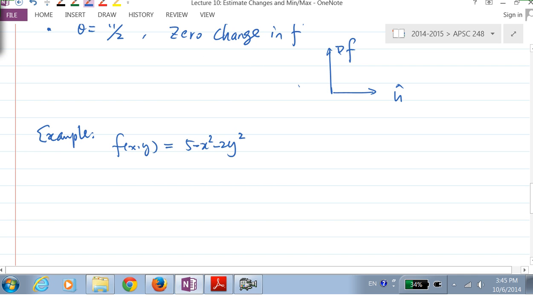Let's just say this is the function f, and we'll give a point here, -1, like this. I want you to find out, first of all, starting from P0, walking in which direction you will get the maximum increase in function f. Basically find 3 different directions.